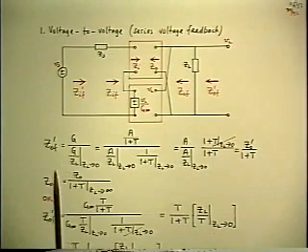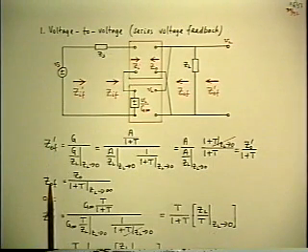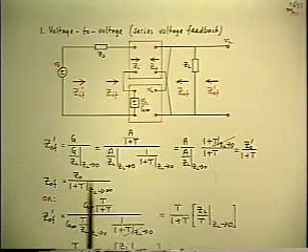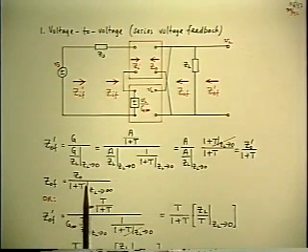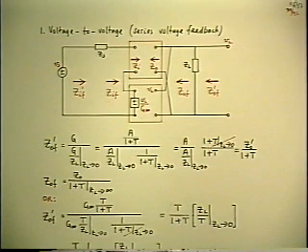But there's still something else worthwhile doing. Both of these results give the closed loop answer referred back to the open loop value. But we may not know what the open loop value is. And more than that, we don't care. All we care about is the closed loop value, because that's what has to meet the specifications.